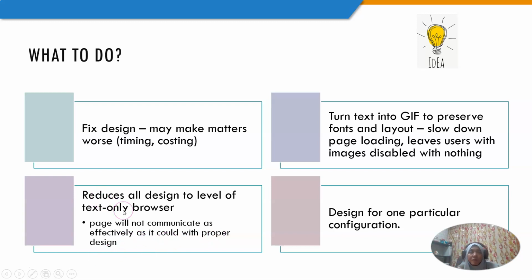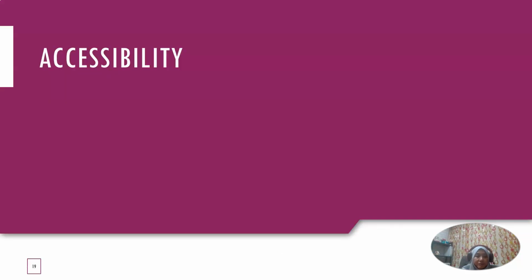Let's say you have a problem with your images or video playback, so you change everything into text content. That is not the correct way. Another approach is to design for one particular configuration. So when you design your content on the web, you need to think and plan wisely.